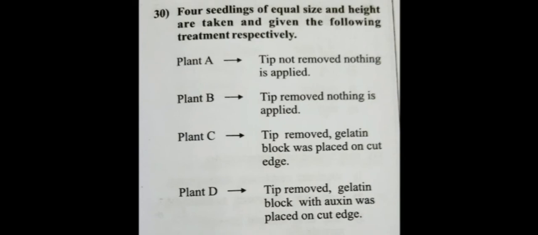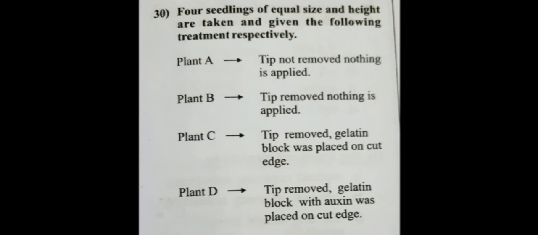Four seedlings of equal size and height are taken and given the following treatment respectively. Plant A, tip not removed, nothing is applied. That means no disturbance is done with plant A. Plant B, tip removed, nothing is applied.